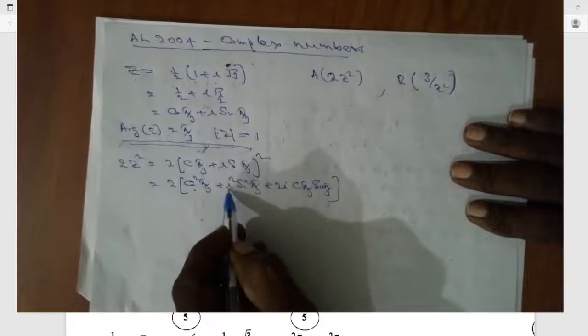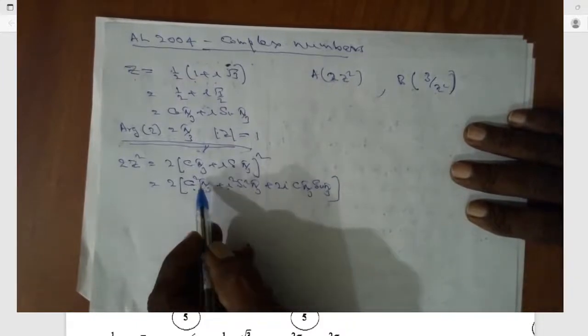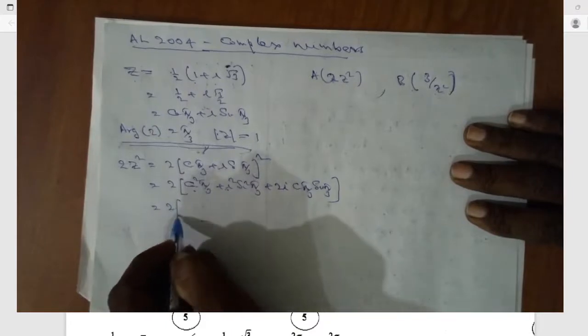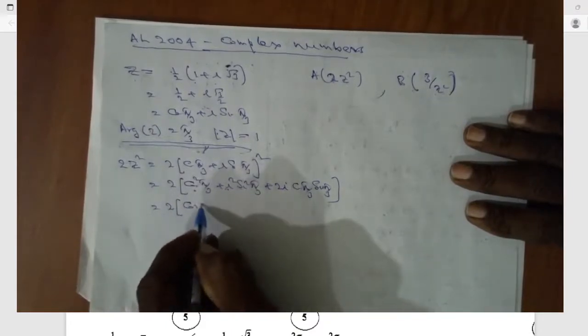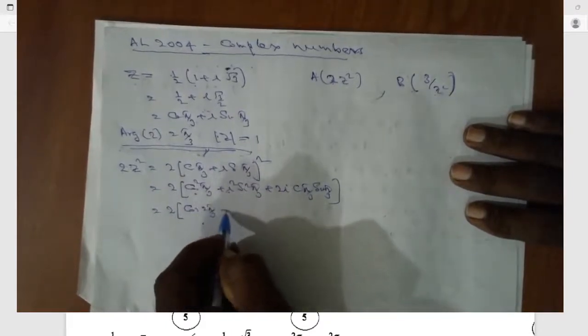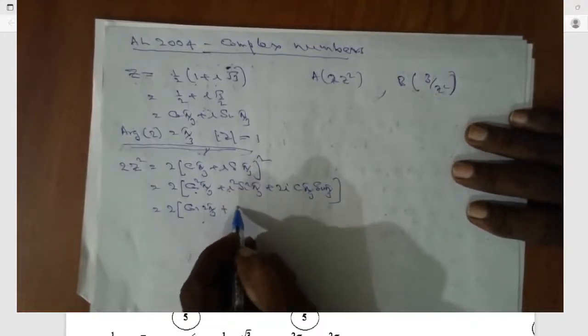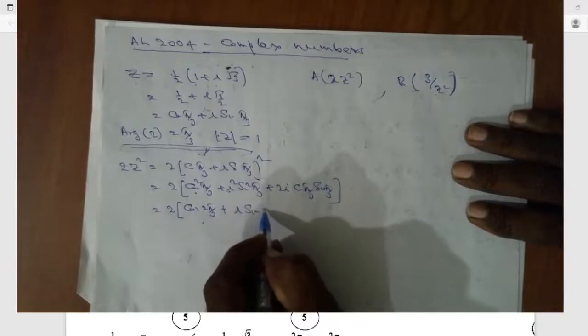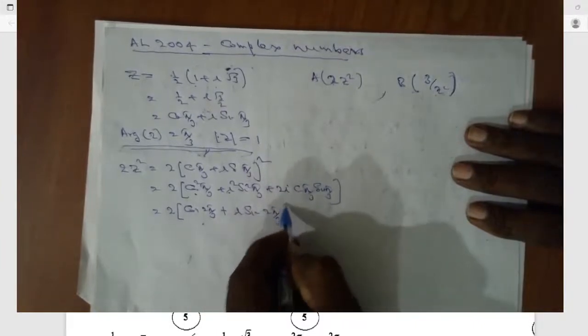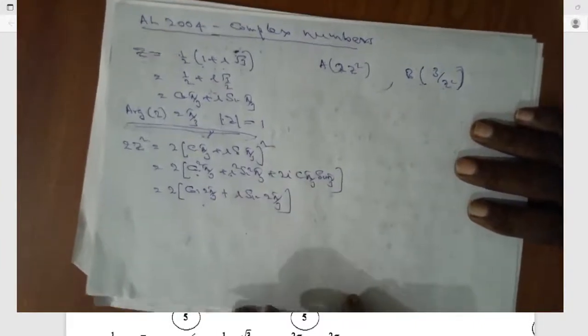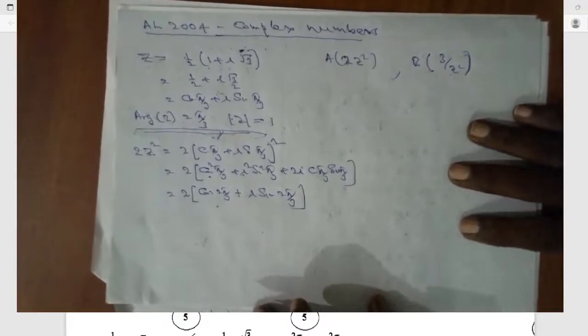This i squared is minus 1. Cos squared pi by 3 minus sin squared pi by 3 is cos 2 pi by 3, and the other part is sin 2 pi by 3 by the half angle formula. Very easily you can get that.